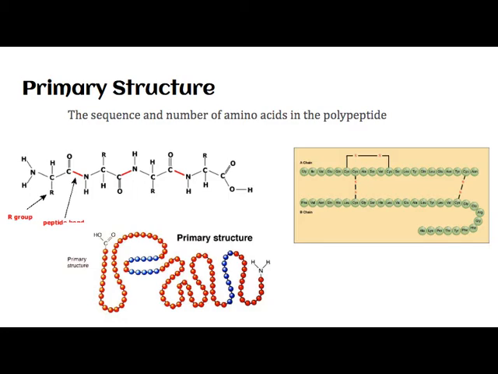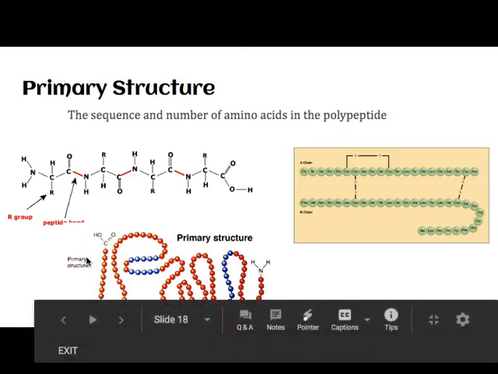Your proteins can come in different structures. If I talk about the primary structure, let's say protein A, what's the primary structure of protein A? I'm asking what is the sequence of the amino acids. So whenever you're asked about the primary structure, you're basically asking what's the sequence of the amino acids.